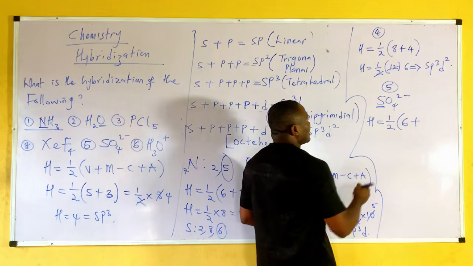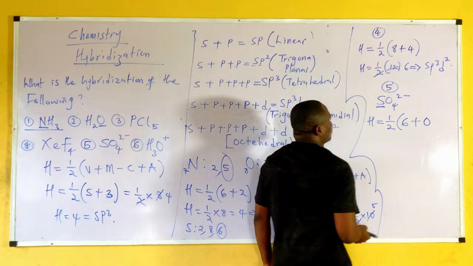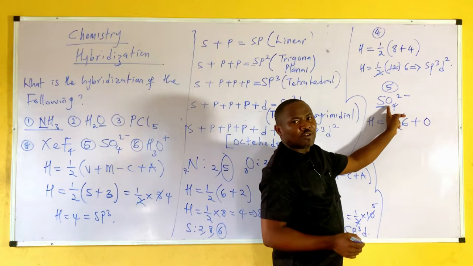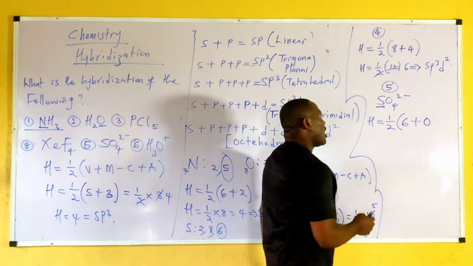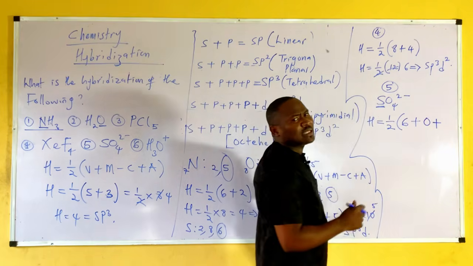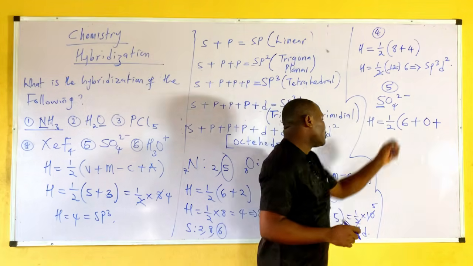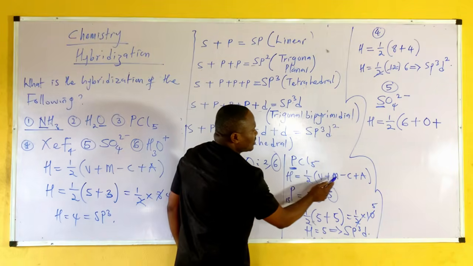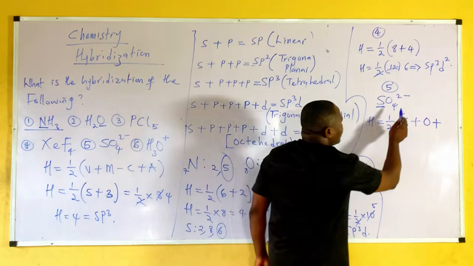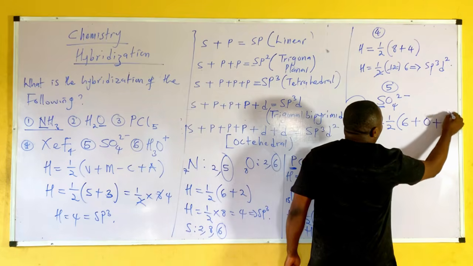So because of that, I will put just 0 for it because it's against the rule. So I'll put 0 plus there is an ion here. So do we add or we subtract? Now no cation plus an ion. So I will add plus 2 and close it.